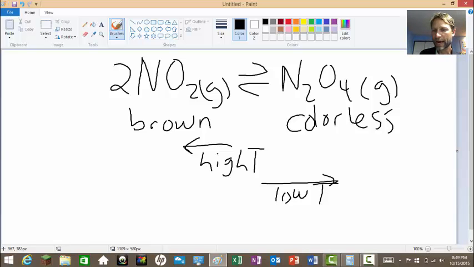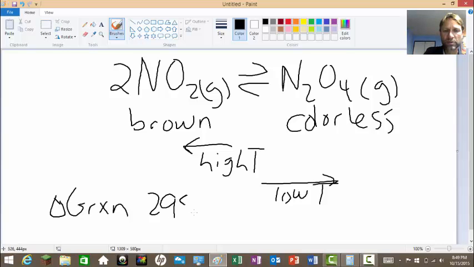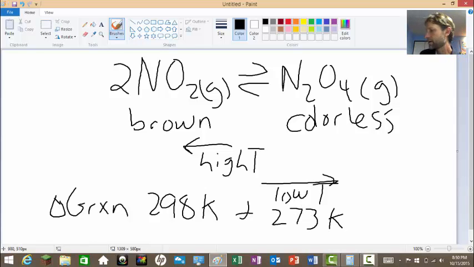And so let's do that quantitatively by showing the delta G of the reaction at two different temperatures. Let's compare it at 298 K, room temperature, and 273 K, that of freezing water.